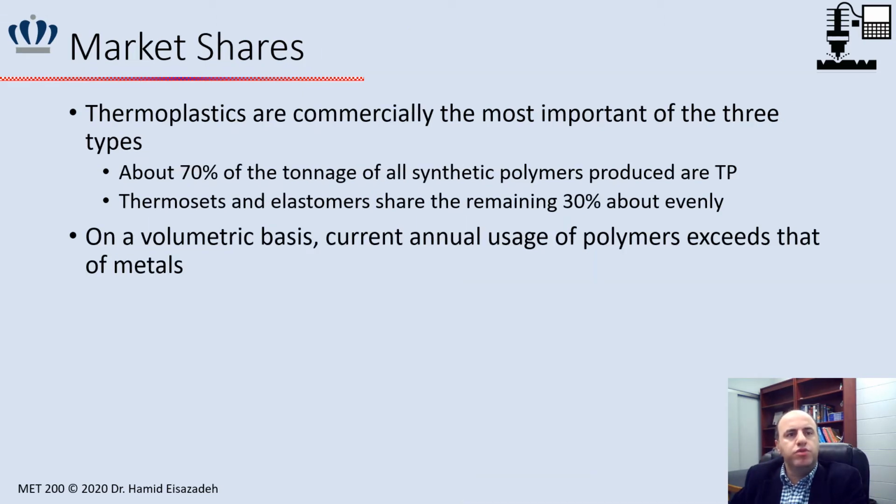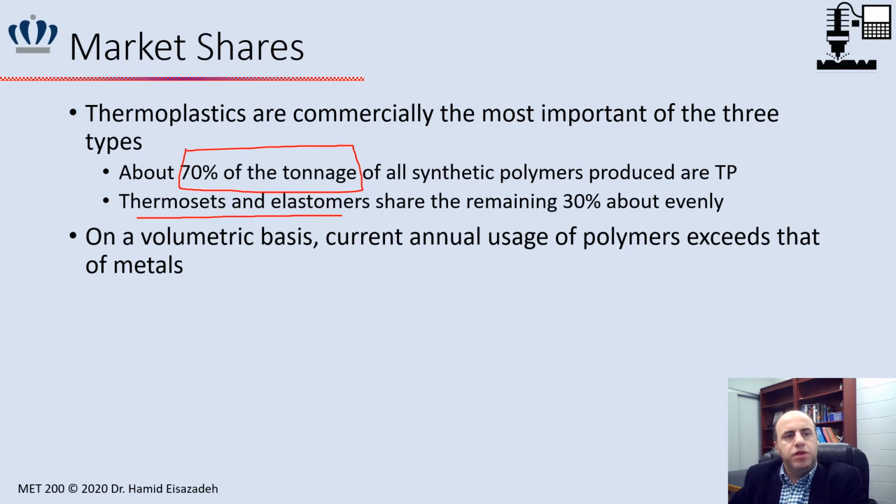If we want to compare these three materials economically, about 70% of all produced polymers is thermoplastic, and 30% of all polymers is thermoset and elastomer.